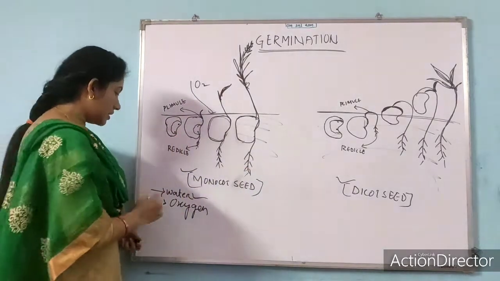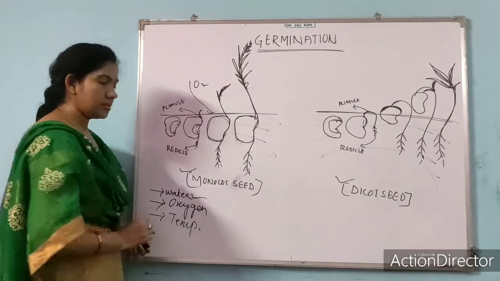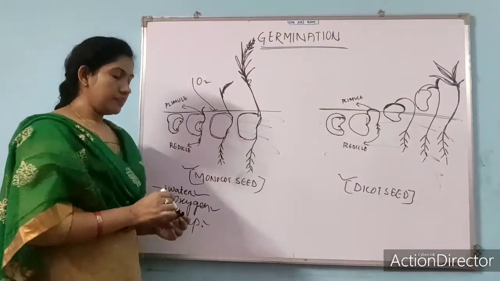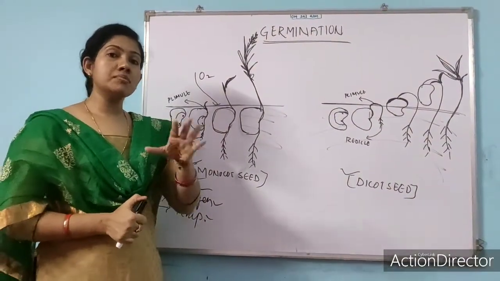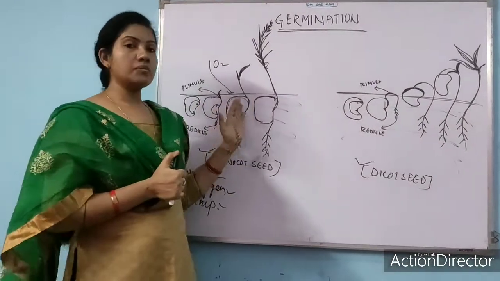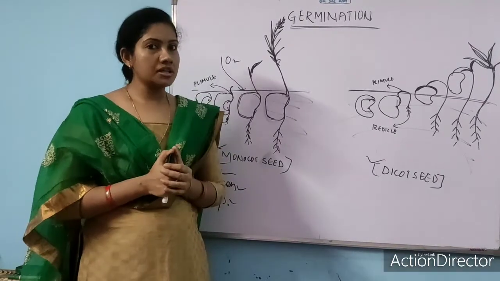The third condition we can call temperature. Temperature, water, and oxygen or air, you can write. There should be an optimum temperature for the development of seed. Generally, the optimum temperature varies from seed to seed. It is not fixed for a particular seed.